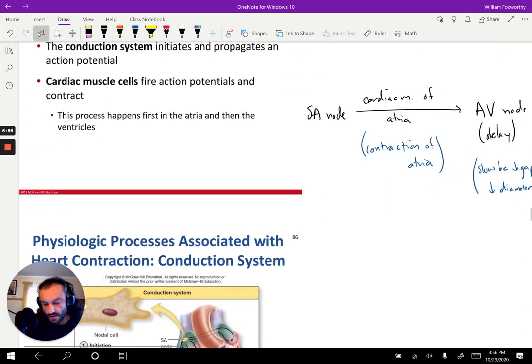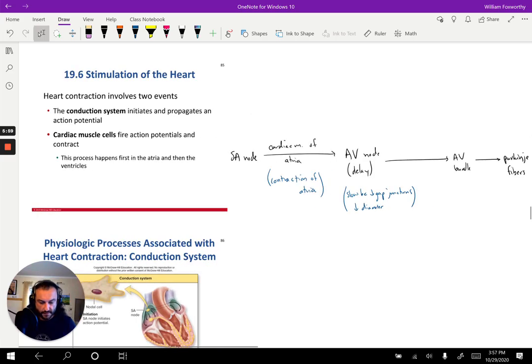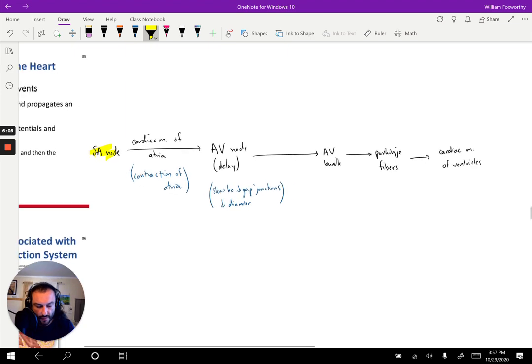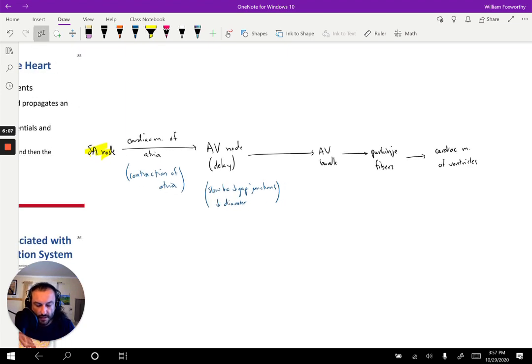Okay, so we're going to go into a little more detail about the conduction system. Like I said in the overview, what happens first is that electrical activity begins in your SA node, sinoatrial node. It travels through the cardiac muscle of the atria, and that causes contraction of the atria.